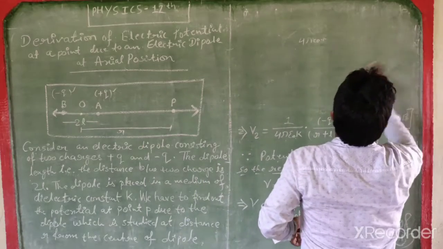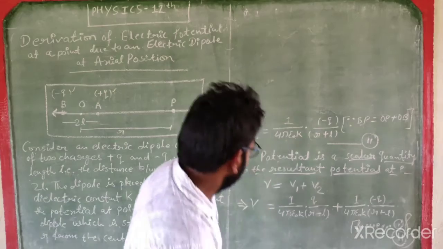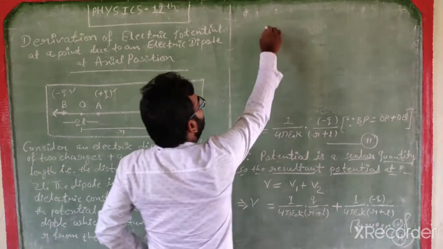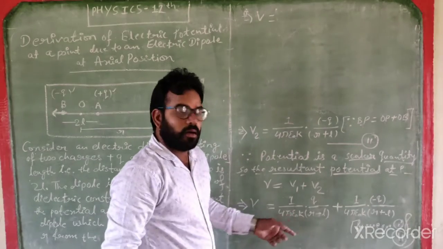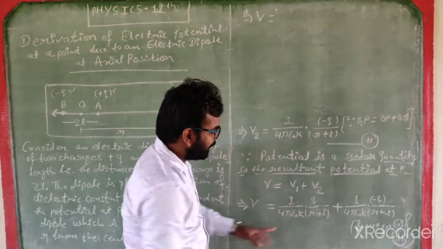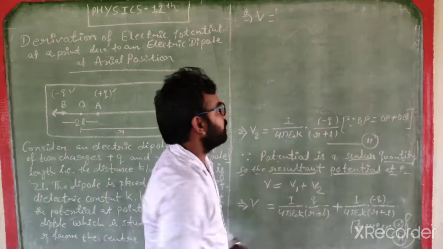You can see here, V is equal to, we have 1 upon 4 pi epsilon naught K and Q as common.